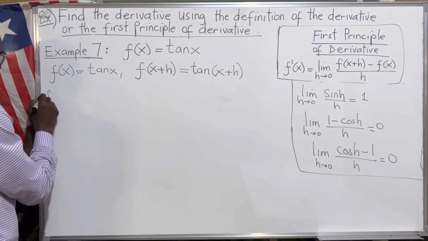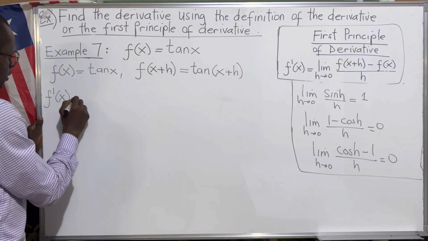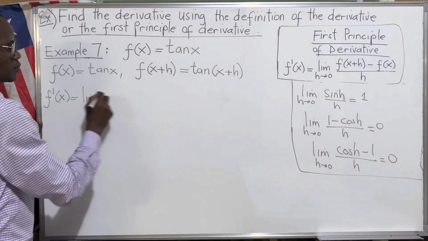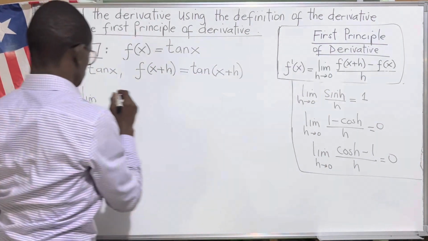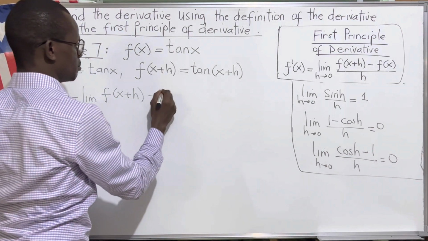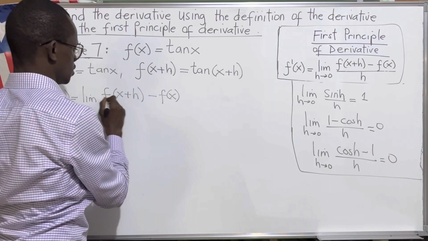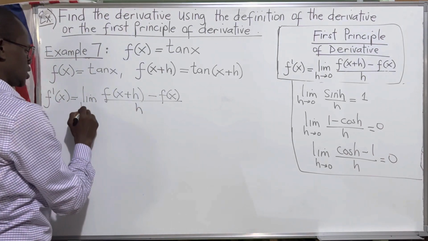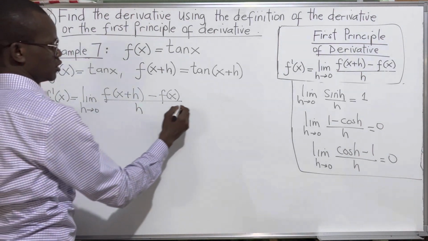Now let me replace it in the formula. I will have the limit of f of x plus h minus f of x, all over h, as h approaches 0.